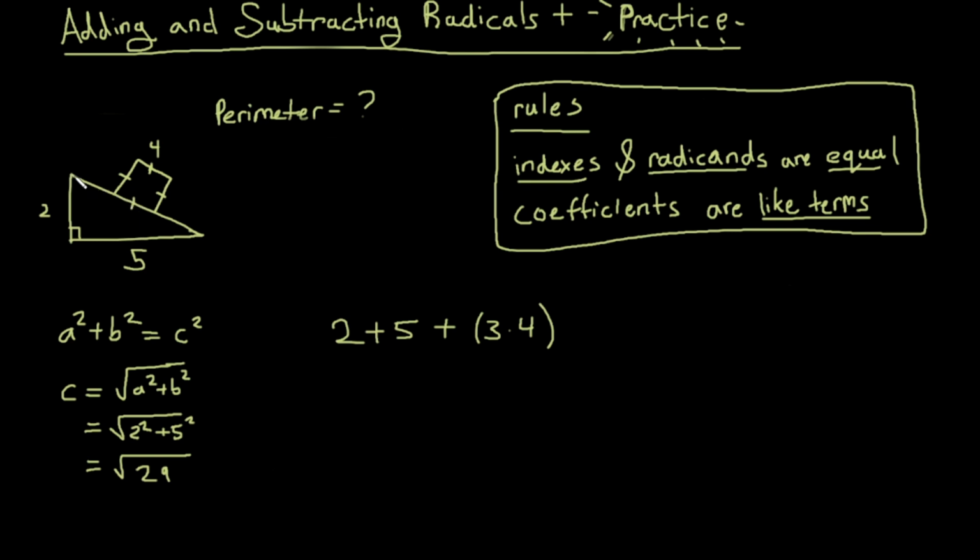So we know that the entirety of this line will be plus root 29 minus 4. Now, we can just simply add all these together. So we have 2 plus 5 plus, this will be 12, and we can simplify this just to root 29 minus 4.